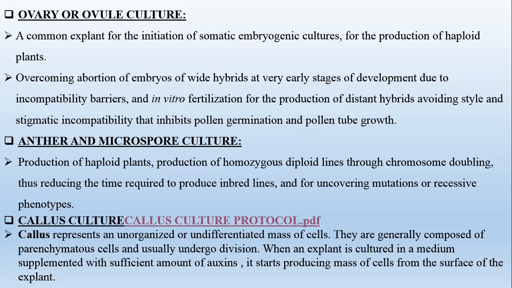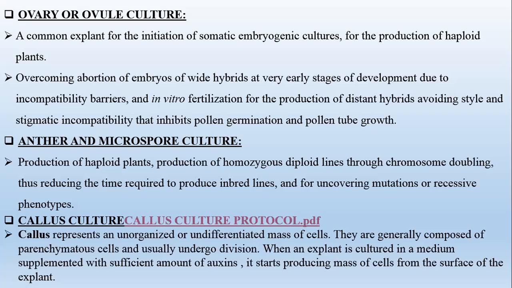Overcoming abortion of embryos of wide hybrids at very early stages of development due to incompatibility barriers, and in vitro fertilization for the production of distant hybrids, avoiding style and stigmatic incompatibility that inhibits pollen germination and pollen tube growth. Okay, so some of these problems are there in breeding programs in which there is style and stigmatic incompatibility, whenever intergeneric and interspecific crosses are there.